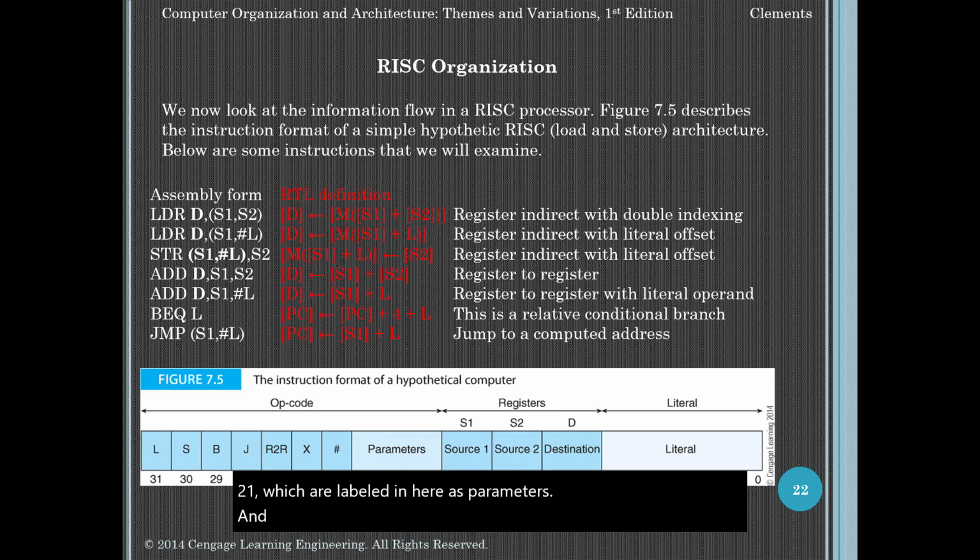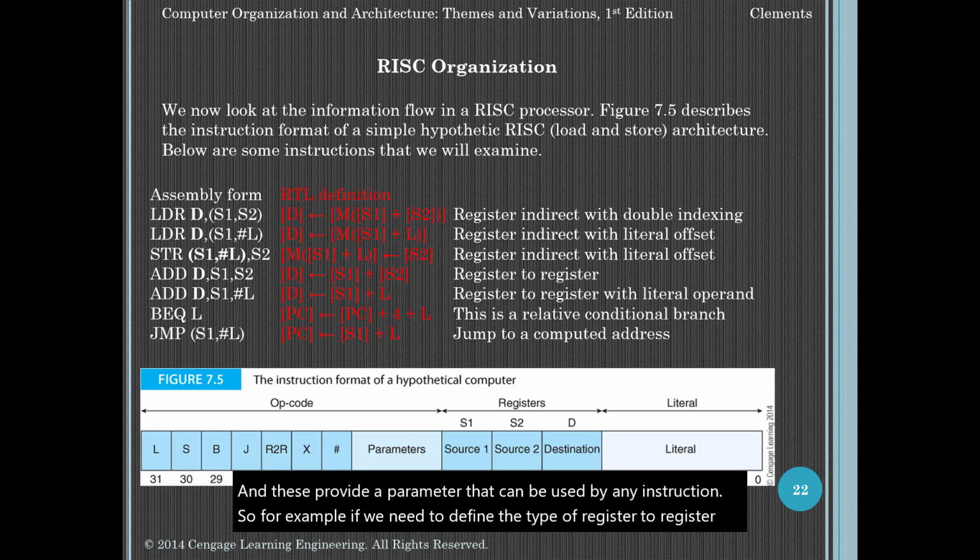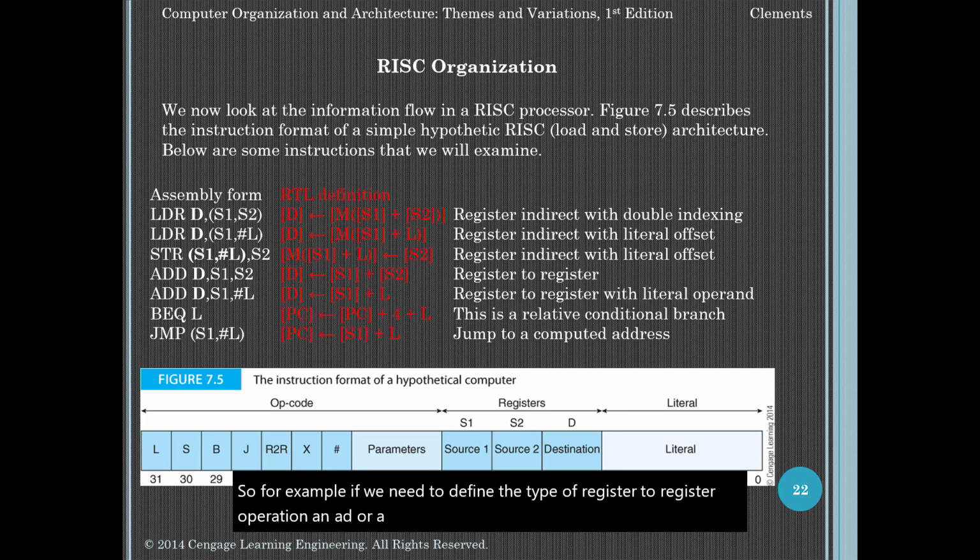And these provide a parameter that can be used by any instruction. So, for example, if we need to define the type of register-to-register operation, like an add or a subtract, and then we need to define the condition in a branch operation, this is where we would do that.